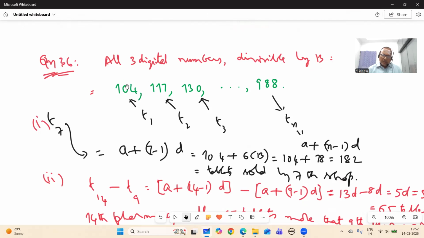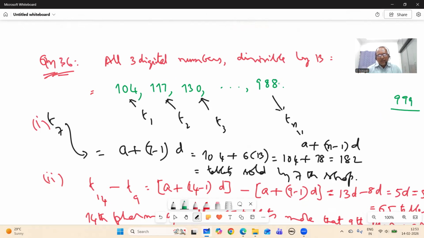The number divisible by 13 before this is 91, but it is not three digit. This is the first and the smallest three digit number divisible by 13, and the largest will be 988. You look at 999 and divide it by 13, and then subtract the remainder. You can get this from that.